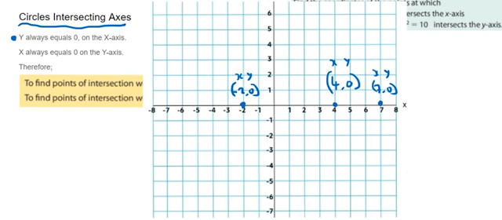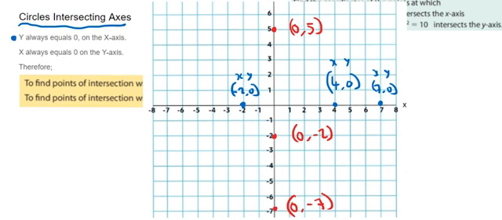Similarly, on the y-axis, if I was to ask what is the point there, that point is 0, 5. This point here is the point 0, -2. This point here is the point 0, -7.